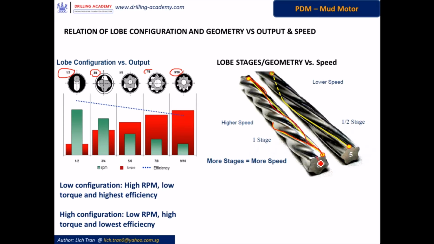So this is one stage. This rotor has one stage in this length. In the same length here, after this rotor, we start from this point, we follow this rib, we come down, we come back up to here. We don't end up on the same point on the axis, but only half a spiral lap. So in this example, this rotor has only half a stage. And what does it mean? It means that the more stages there are, the higher the speed is.